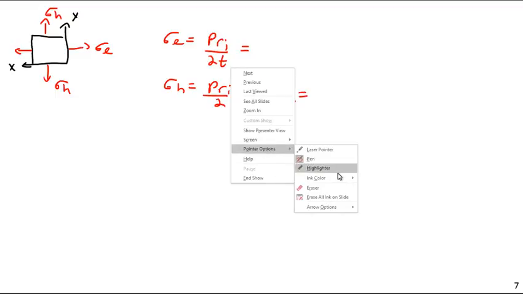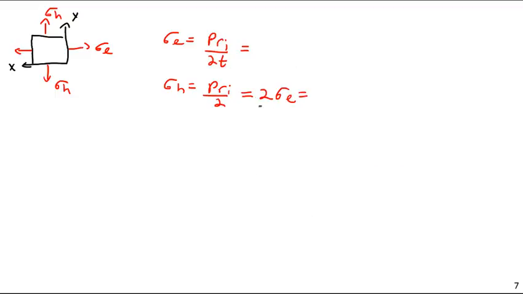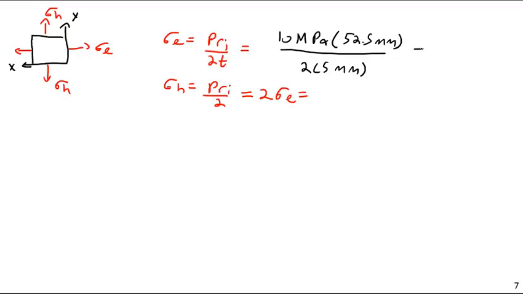Okay, so just plug and chug from here. This is 10 megapascals times 52.5 millimeters over 2 times 5 millimeters. And this equals 52.5 megapascals, and this is in tension.